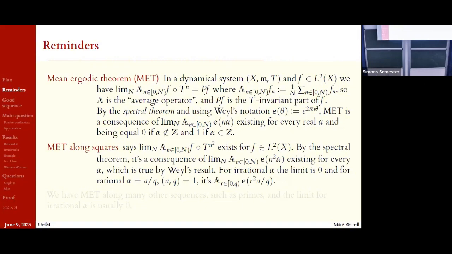But for rational α, where we write α as a/q in reduced terms, so the GCD of a and q is equal to 1, the limit is in fact equal to this.